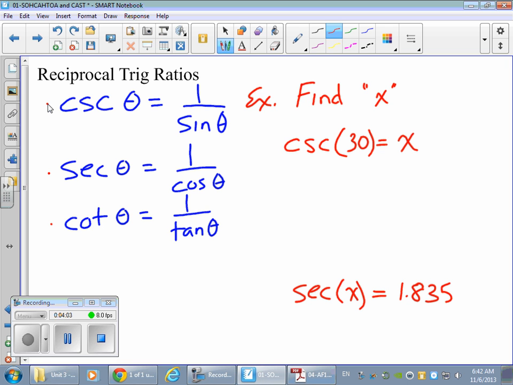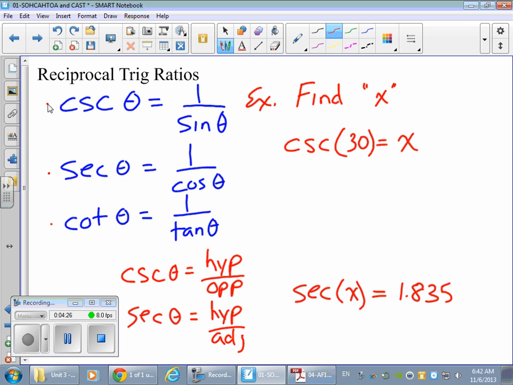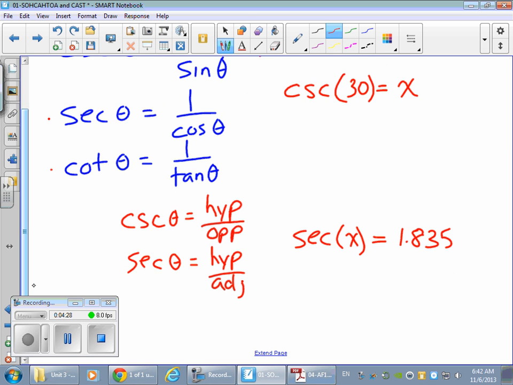Which is to say that cosecant is the reciprocal of sine. Sine is opposite over hypotenuse, so this one is hypotenuse over opposite. Secant is 1 over cos, so it's hypotenuse over adjacent. And cotan is the reciprocal of tan, and so it's adjacent over opposite.